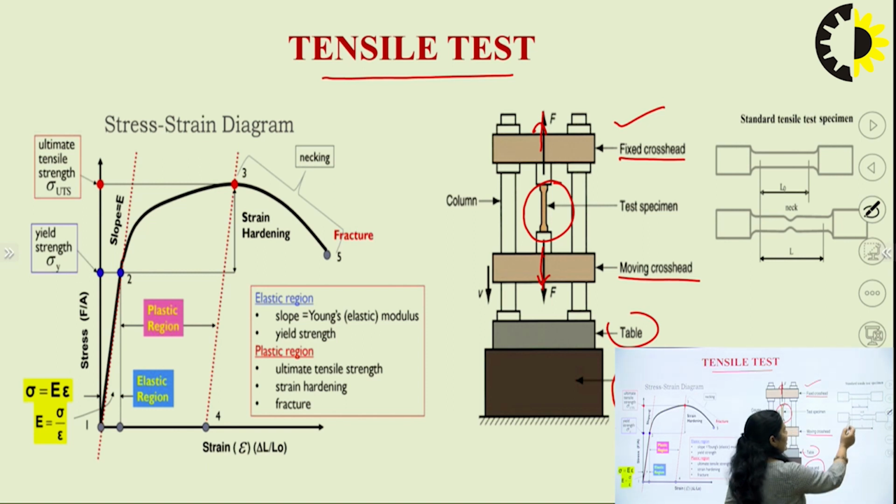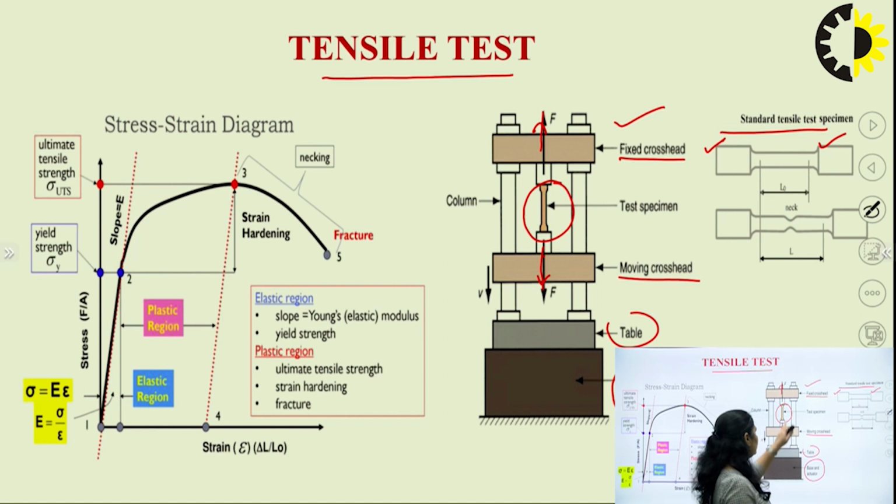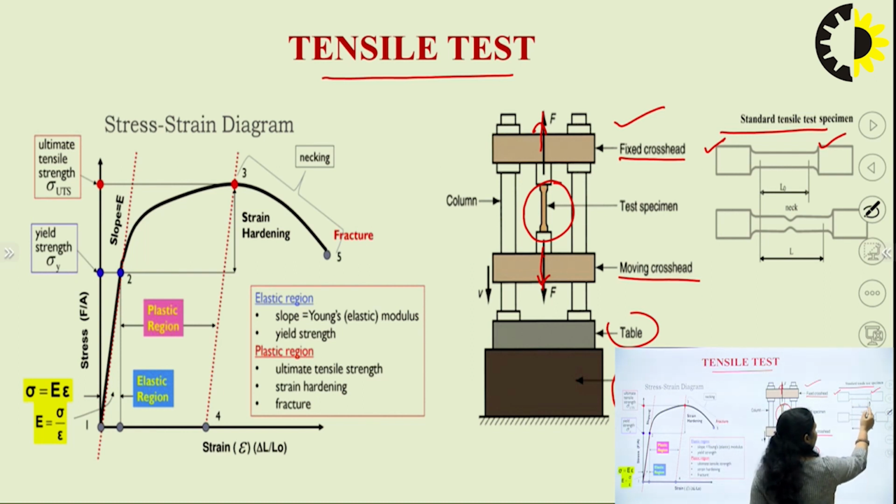In this diagram we can see the test specimen. At the two end points, this is the collar, and from here we will fix it into the machine. This is the length in which we are going to measure the changes. So, this length is known as the gauge length.